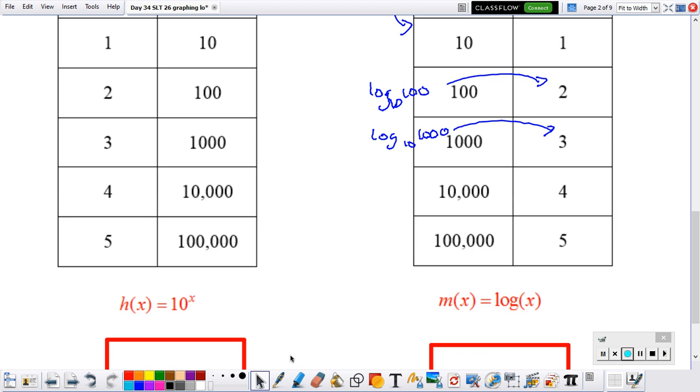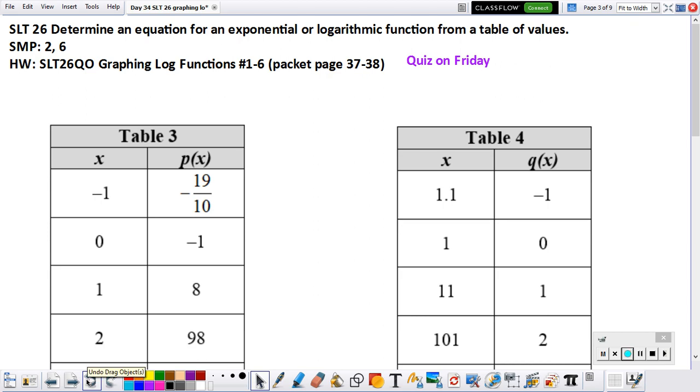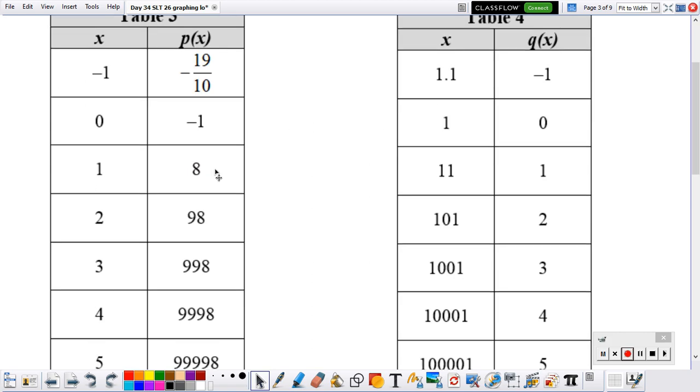So go ahead and turn to page 34. On page 34, we see two additional tables. Take a second and consider if each is logarithmic or exponential. Okay, so hopefully you saw for table 3, we kind of have a multiplication pattern going on. It almost looks like we're multiplying by 10, but then there's something else that happens. So let's think.